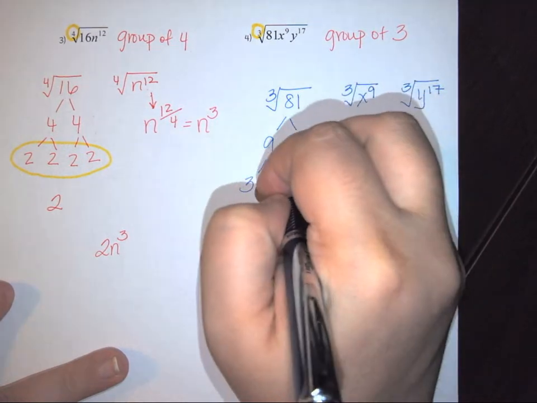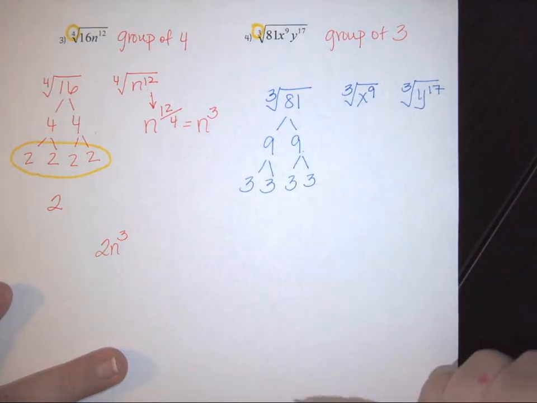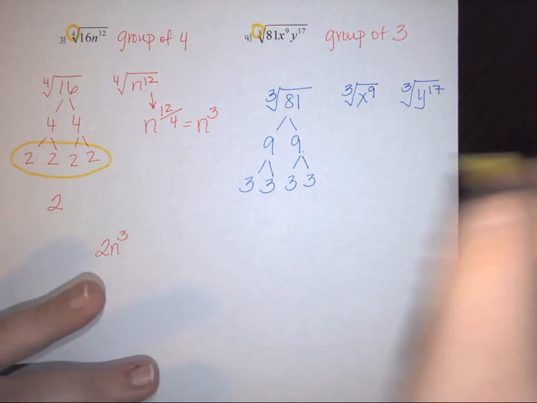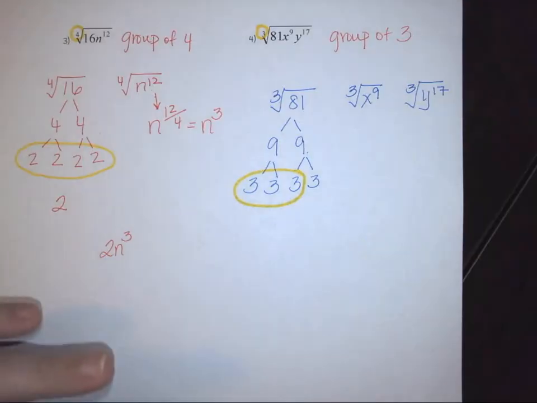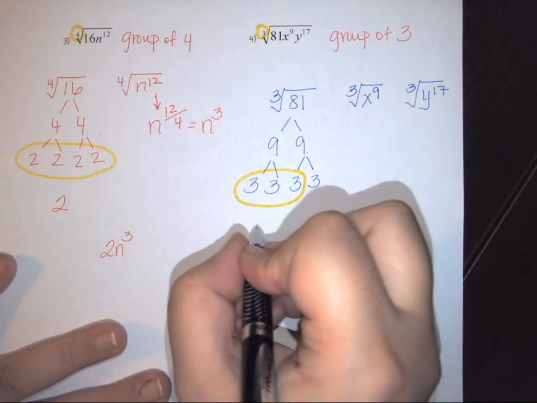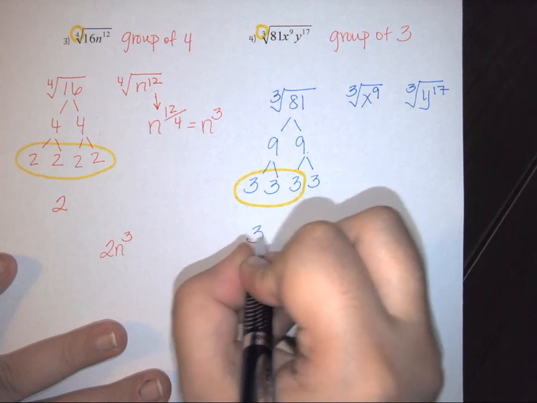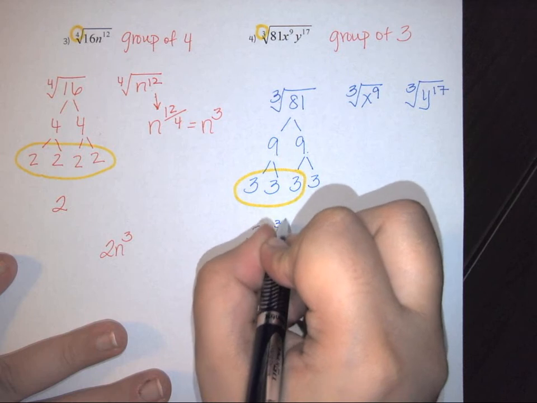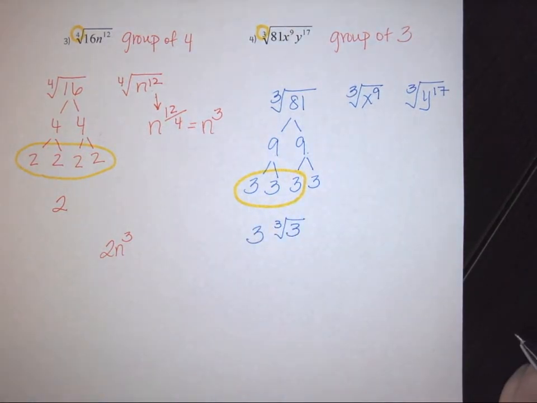Since I had 2 of them, I have to do it again. And what you'll notice is that now I actually have a group of 4. However, I only care about 3 of them, which means 81 is going to break down to being 3 times the cube root of 3. I can pull my 3 out, but I have to leave 3 behind.